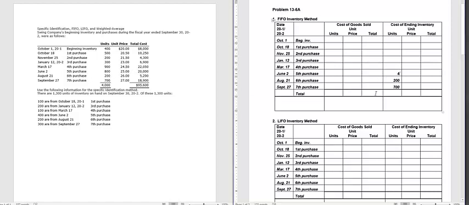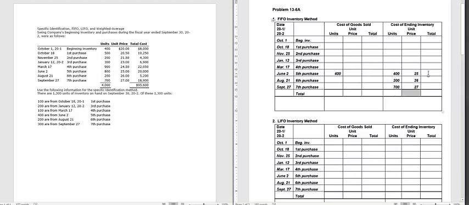Okay, so if we still have 400 of those, that means we also sold 400 because there was a total of 800. So to cost these out, we're just going to put their cost per unit, and then we will do the math to figure out what the total cost is.